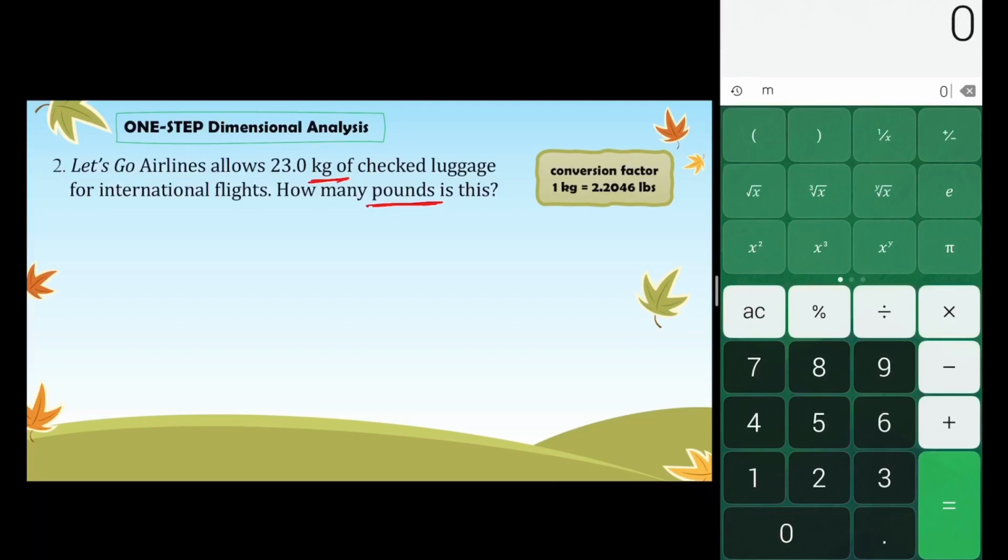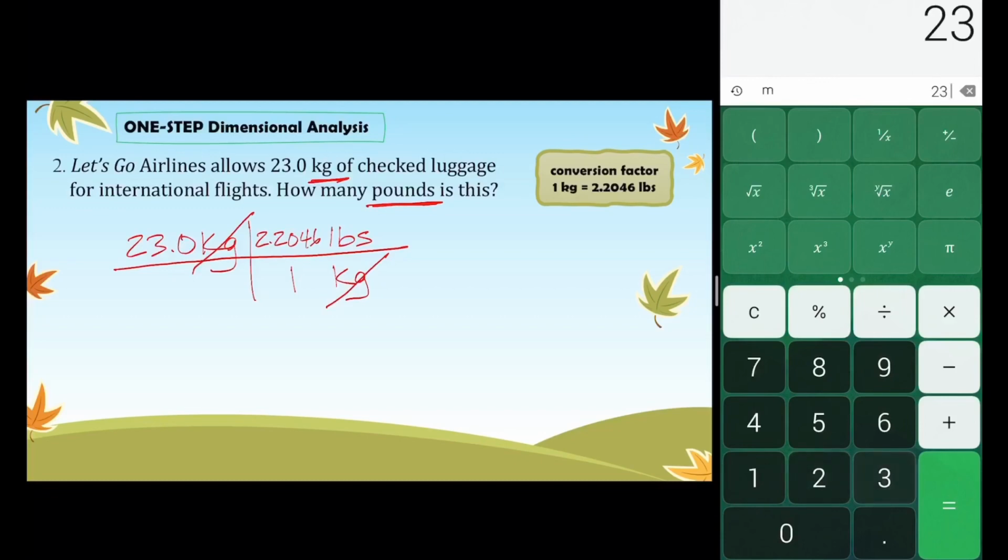So once again, we start with 23.0 kilograms, our given value. We want to eliminate the kilograms, so that's going to go in the denominator and convert to pounds. That will be in the numerator. And plug in your numbers. So 1 kilogram equals 2.2046 pounds. Okay, the given unit cancels, and you multiply the top.